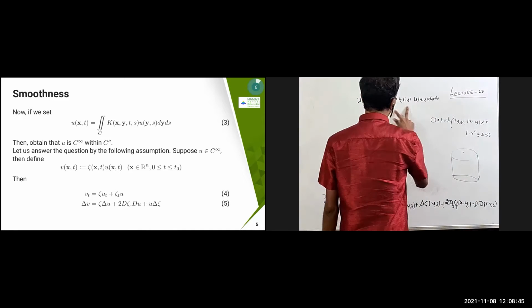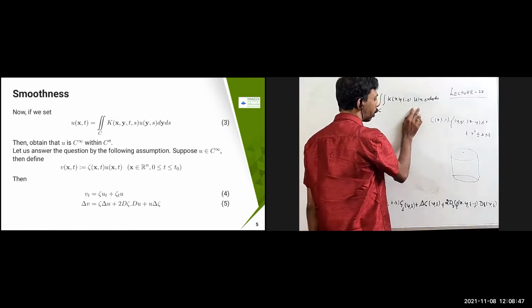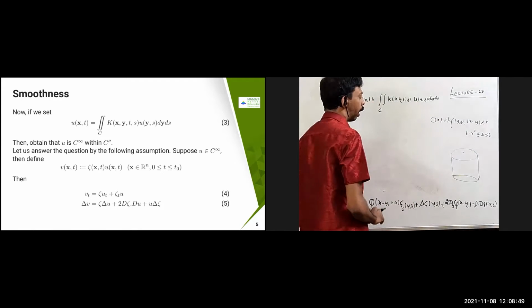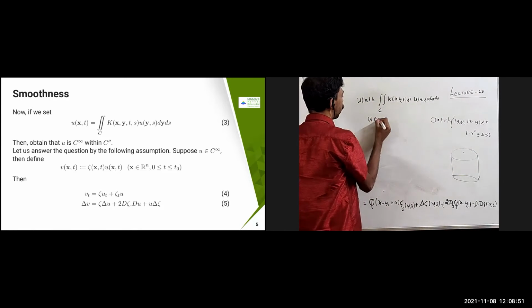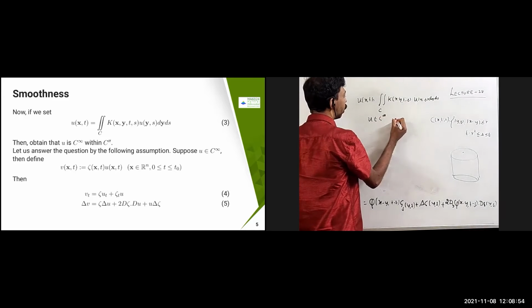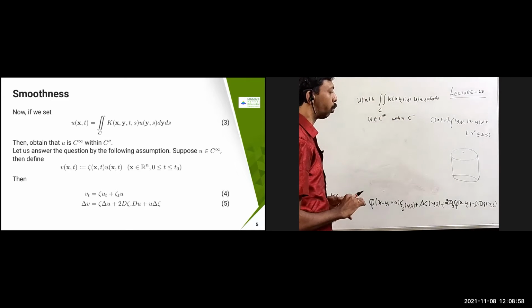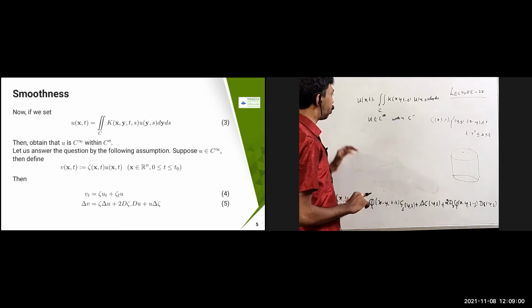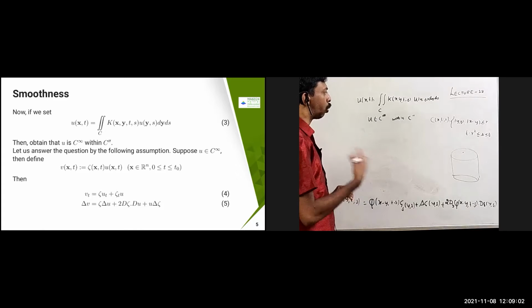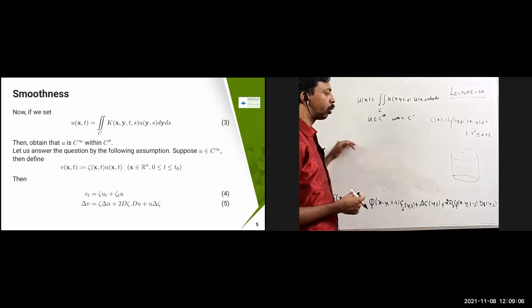If you multiply again and again, you can do integration by parts. What you can get is that u belongs to C infinity within C double dash. Within C double dash, it is going to be smooth. Now if you choose your C double dash, and just increase your r, you are going to get that it is smooth everywhere.